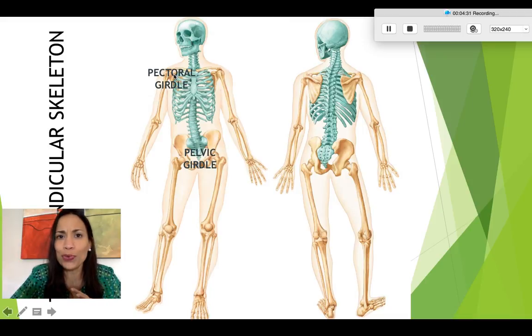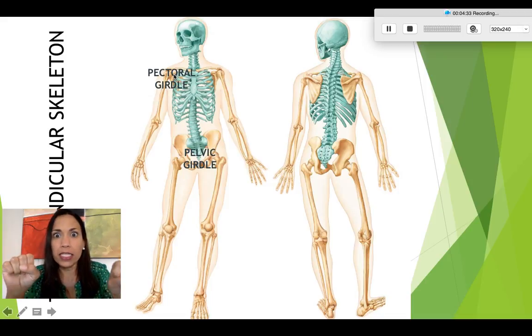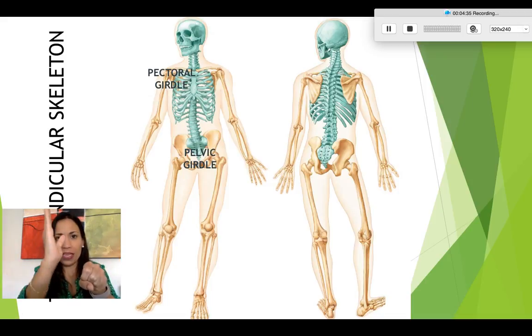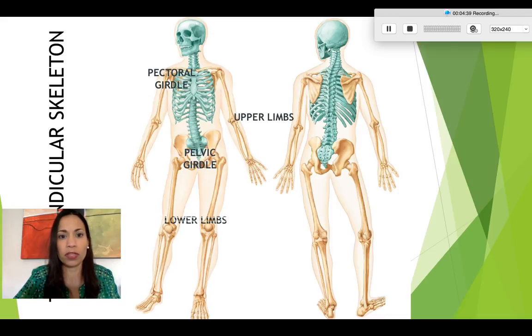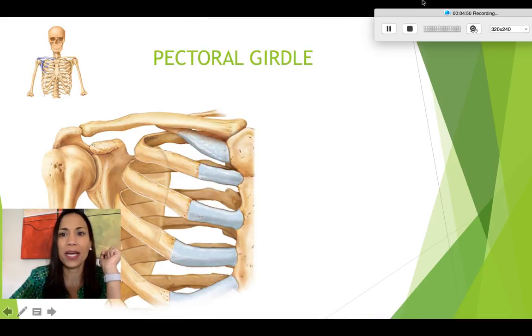And what they're doing is that's the link attaching the axial skeleton to the upper and to the lower limbs, which are the other sections of the appendicular skeleton that we're going to describe. Okay, so in the next video, we are going to start describing the pectoral girdle.